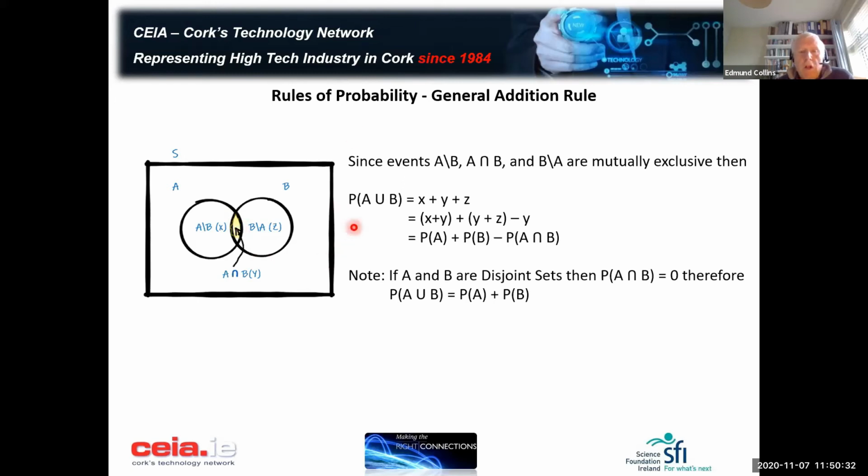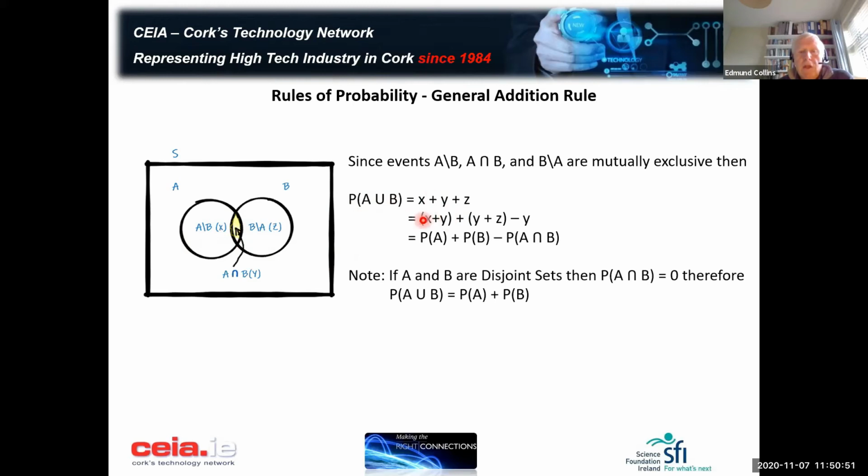So if we take the total, the probability of A or B both equals x plus y plus z.